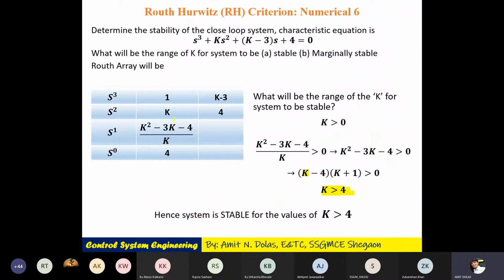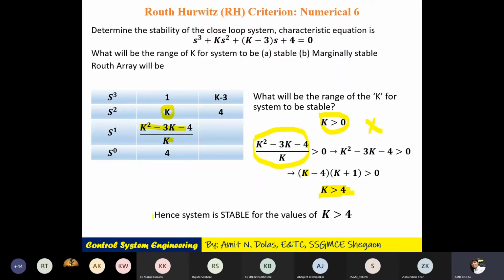So comparing these two terms here, here we assumed k should be greater than 0. And for the second term here, we found that k should be greater than 4. So the values between 0 to 4 are not applicable. If values are between 0 to 4, then this term will be negative.